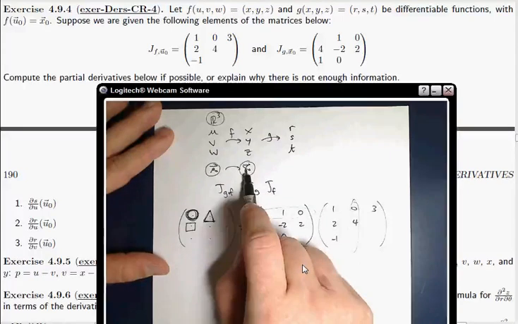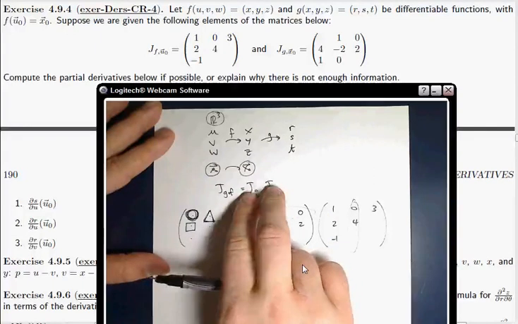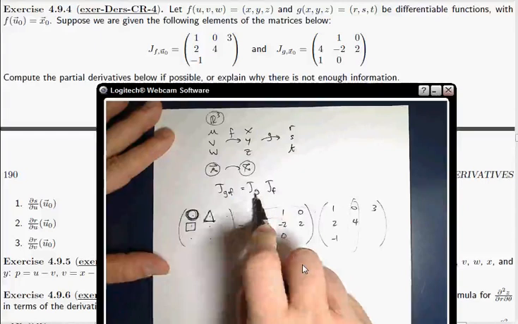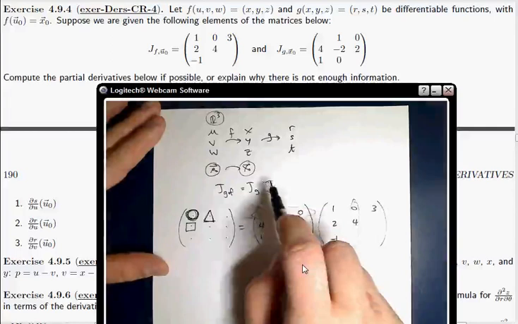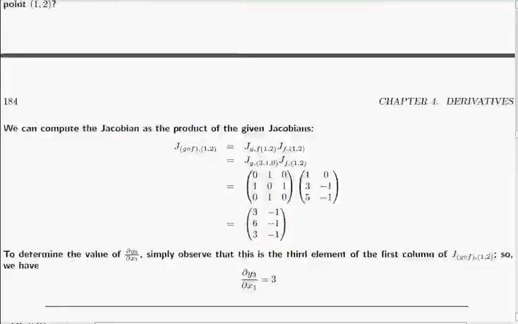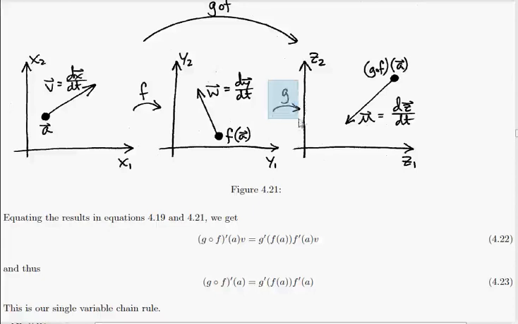That's how you know that these Jacobians actually relate to each other. In other words, when you multiply two Jacobians to get a composition Jacobian, this one has to be evaluated at the point which is f of where this Jacobian is evaluated. If you go back to this picture here, the Jacobian of g has to be evaluated at that point, which is f of a, namely this point.